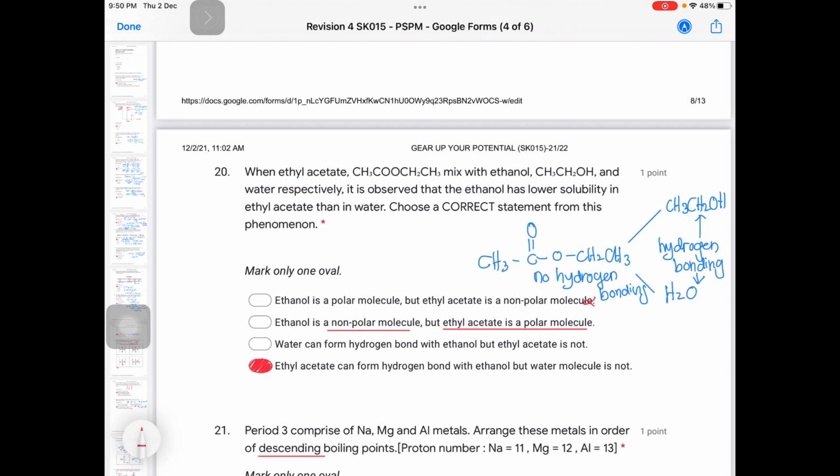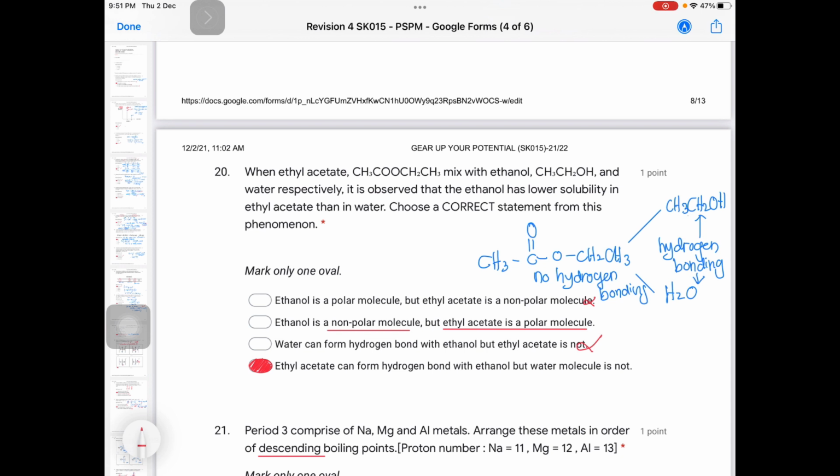Ethyl acetate is a polar molecule. So that is true, but it is not what causes the lower solubility. Water can form hydrogen bond with ethanol, but ethyl acetate cannot. Wrong. Ethyl acetate can form hydrogen bond with ethanol, but water molecule cannot.